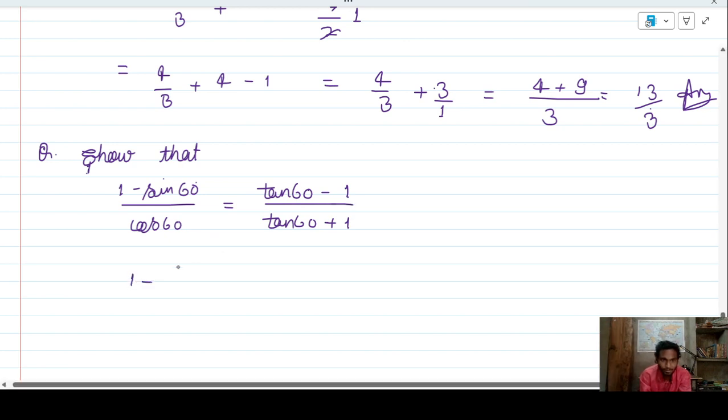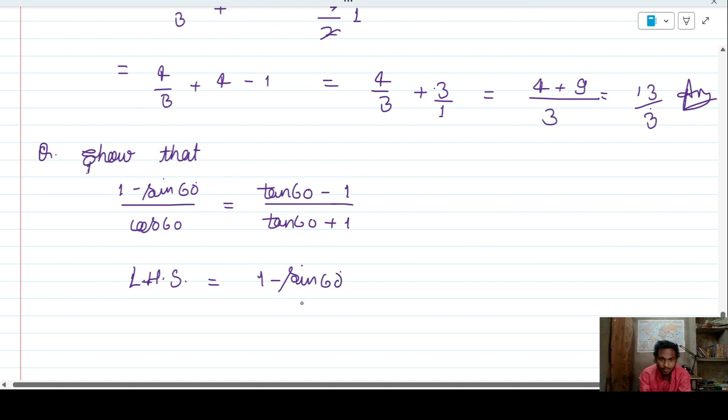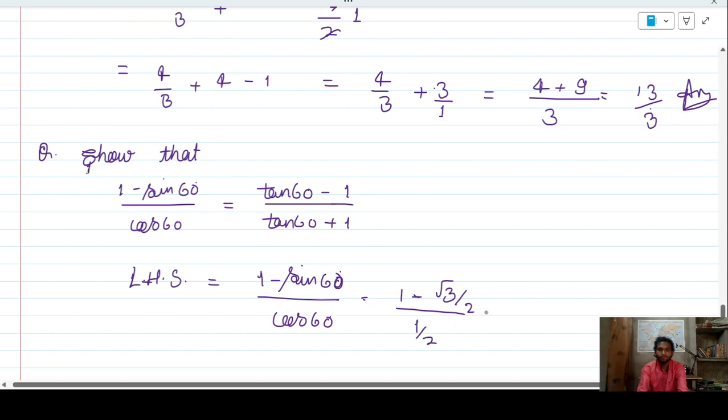We take the left hand side: 1 minus sin 60 upon cos 60. The value of sin 60 is root 3 upon 2, upon cos 60 is 1 upon 2.